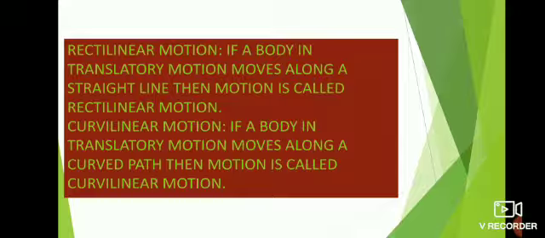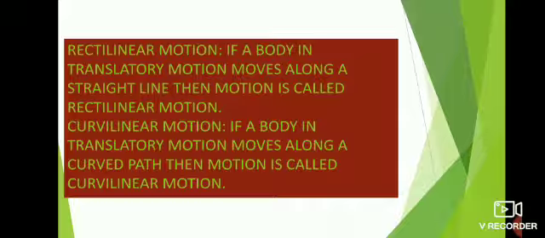rectilinear motion. Now we see the second type of translatory motion, that is curvilinear motion. If a body in translatory motion moves along a curved path, then the motion is called curvilinear motion. So how should a body be in curvilinear motion?